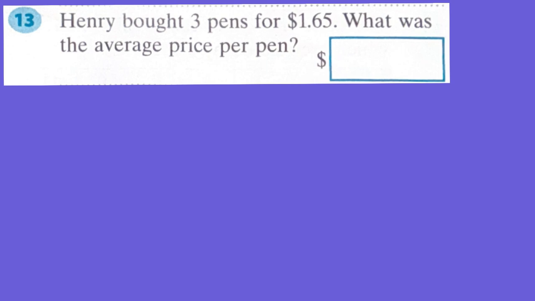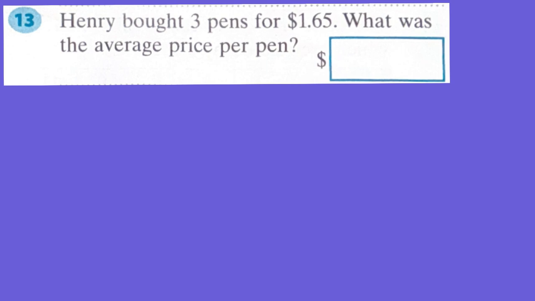So Henry here bought 3 pens for $1.65. What was the average price per pen? For each pen, we need to divide $1.65 by 3. We cannot use a calculator.